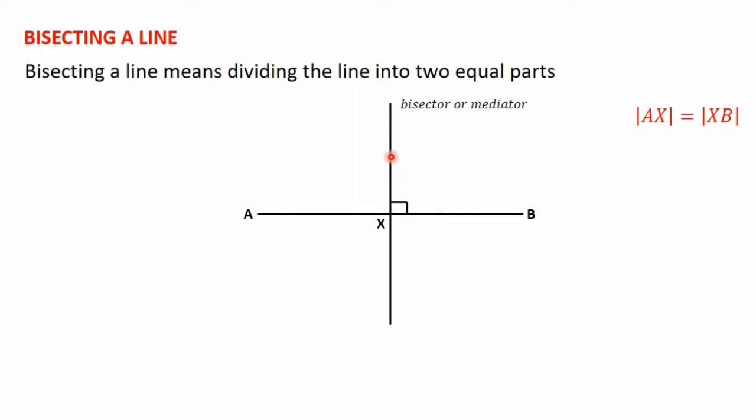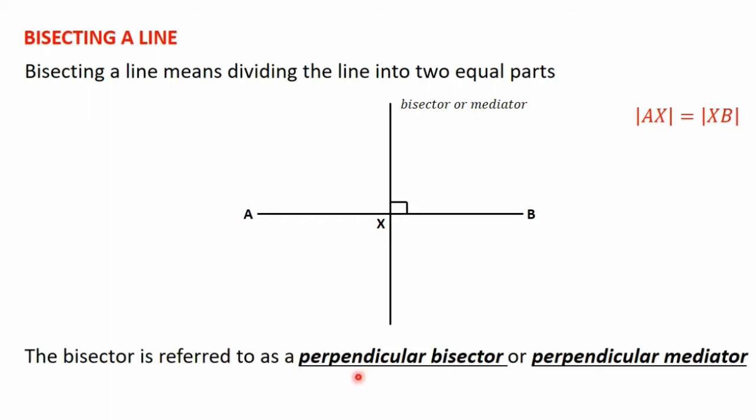So we can say that the bisector or the mediator is perpendicular to the line AB. Because the bisector or the mediator is perpendicular to the line AB, the bisector or the mediator can also be referred to as the perpendicular bisector or a perpendicular mediator.